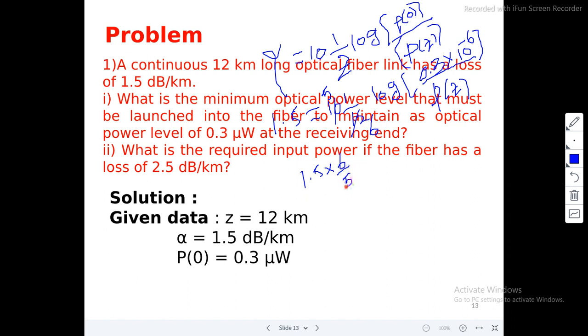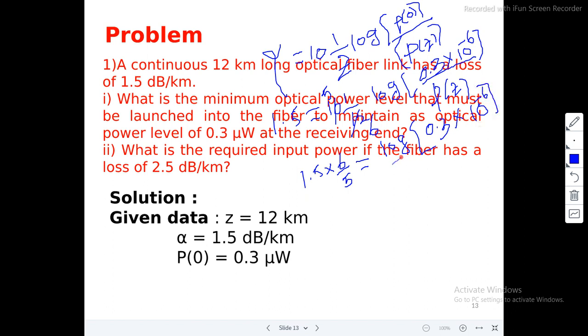So 1.5 into 6 by 5 equals log of P of 0 by P of Z, where P of 0 is 0.3 into 10 to the power of minus 6.